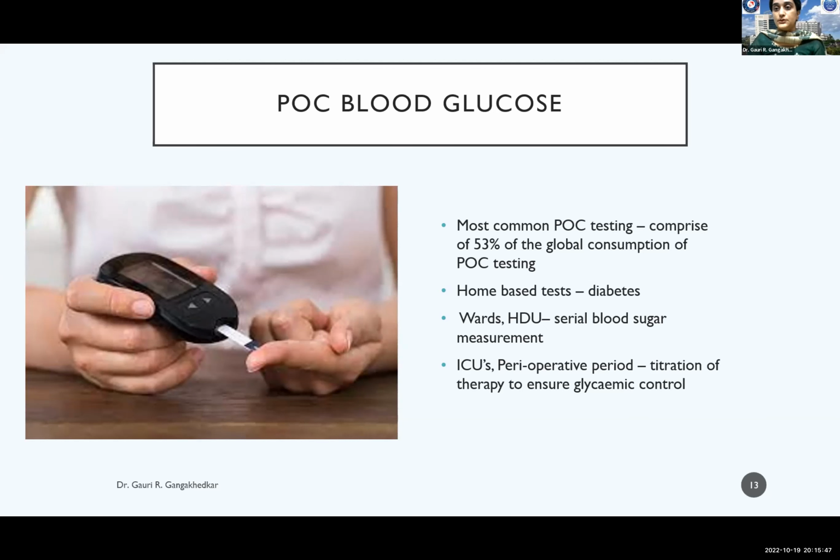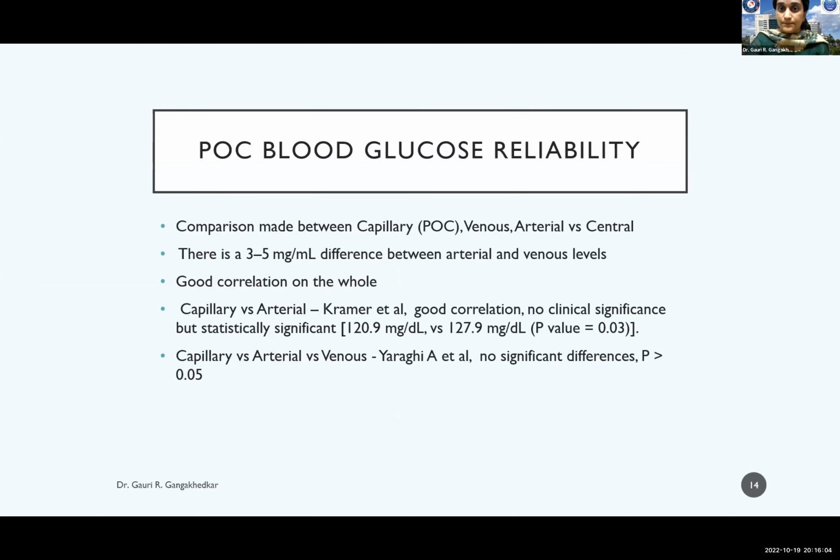Serial blood sugar measurements to titrate insulin therapies is what they are used for. In the ICU and the perioperative period, we use the same technology to titrate the insulin or the glycemic control to ensure better outcomes for patients.